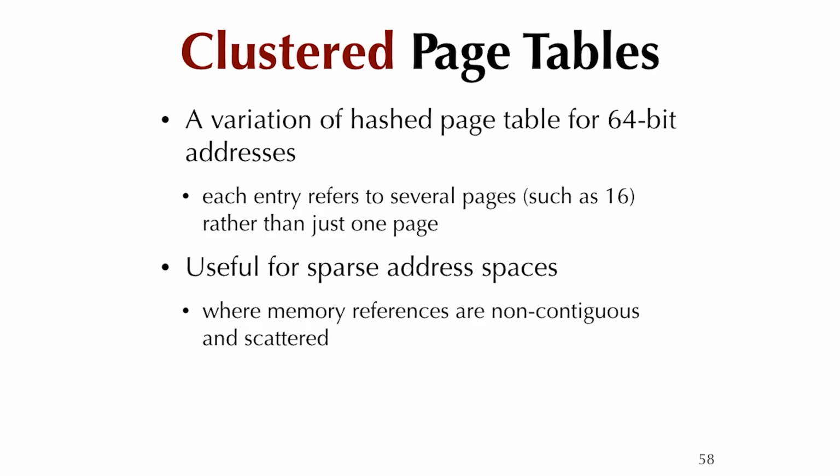Okay, so that way you can keep the hash table size smaller, or the same hash table size can handle many more entries, just because now you rely on the last couple bits as an offset into an array instead of just a single entry. Okay, so that's clustered.